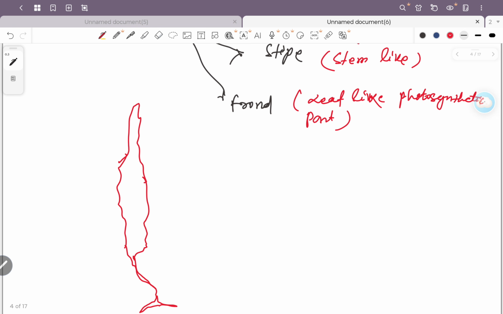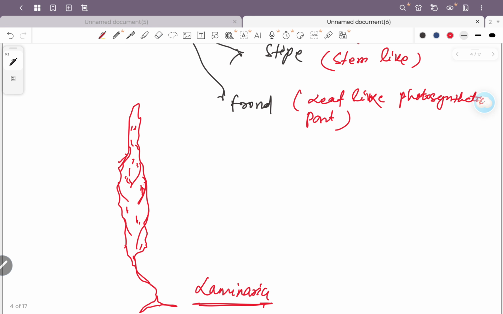This is the structure of Laminaria, a brown algae.